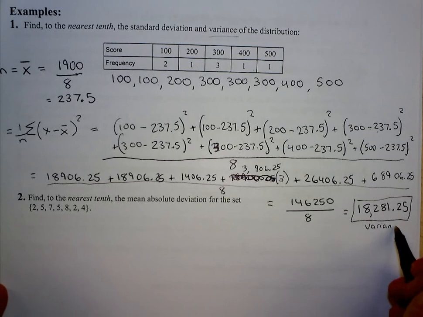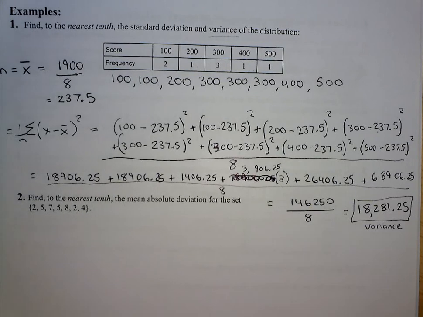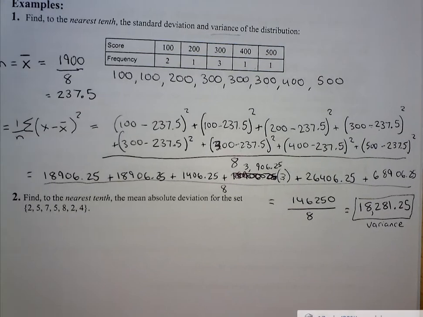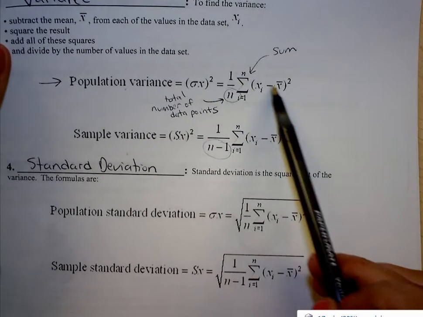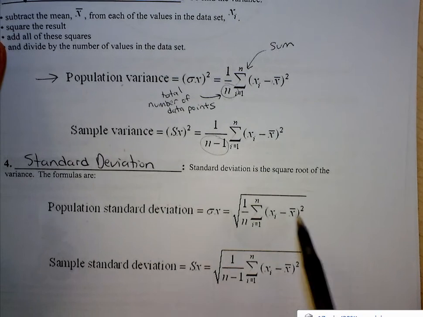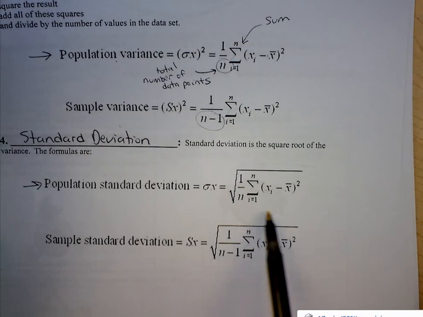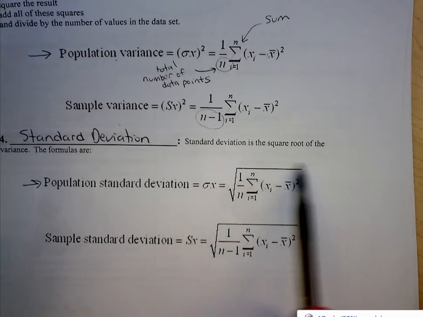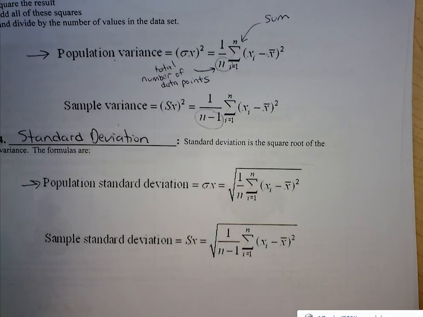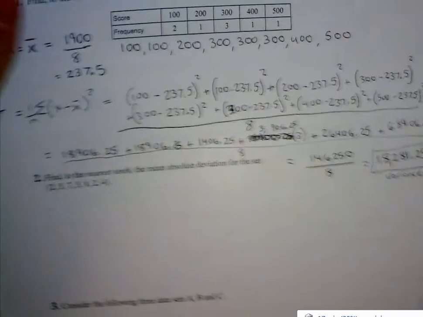Now, the standard deviation is the square root of that number. So let's look at the difference between variance and standard deviation. For my variance, I took the difference from the mean, squared everything and added everything up. The population standard deviation is doing that exact same thing, except square rooting it. So I'm going to take my answer for my variance.